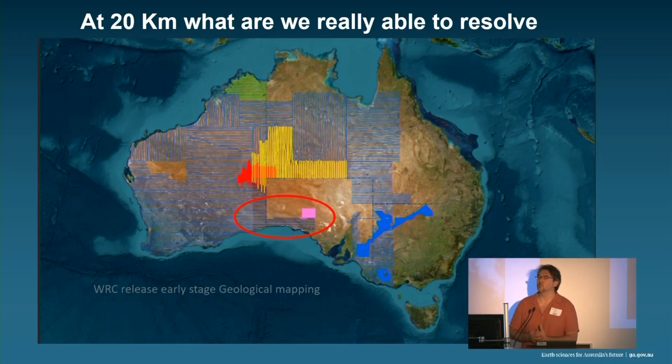So what can you really resolve at 20 Ks, right? And of course the GP2 was flown at every 5-kilometer separation. And we were questioned about this, but people forget that the magnetics, we have one of the best geophysical data sets in the world. If any of you have explored in any other countries, you don't just go and get magnetics or gravity.